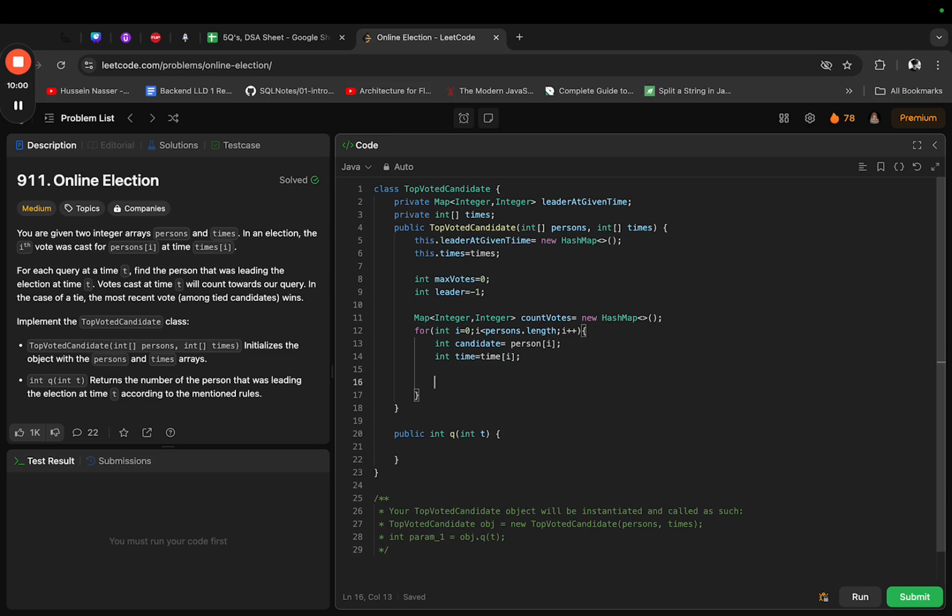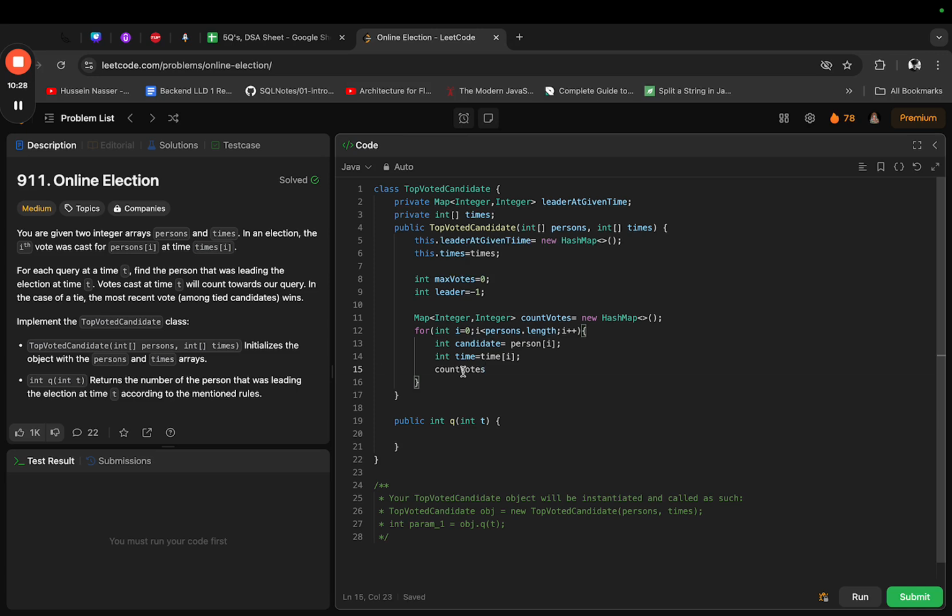So what will I do? In count votes, you have to put which candidate at which time got votes, so we have to take that, right?